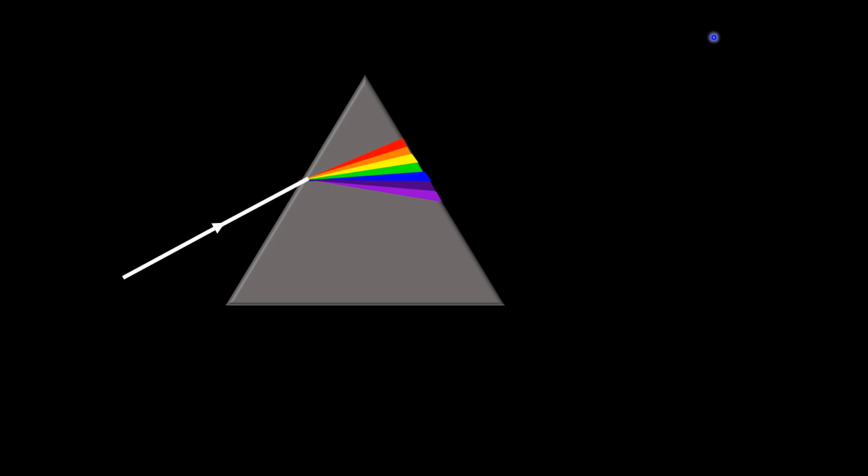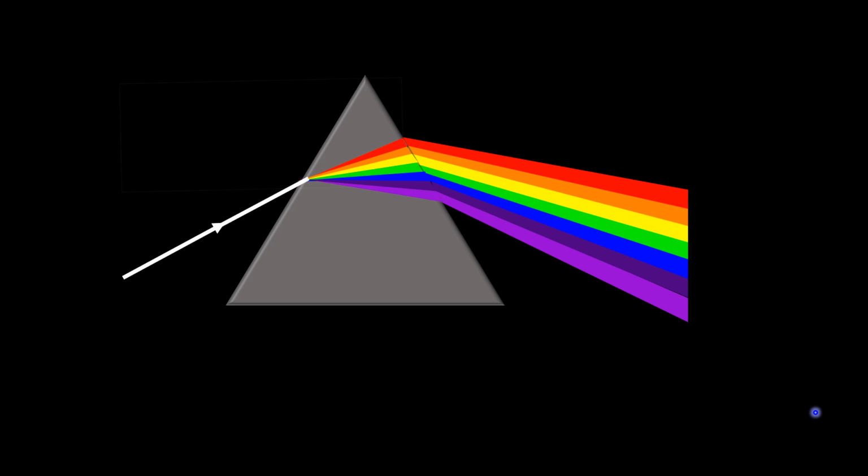If you hold a screen here, isn't it, so all the 7 colors will fall on it. Okay, these are the 7 colors. This is called the dispersion of light. Only a triangular prism can separate all the colors in the white light.